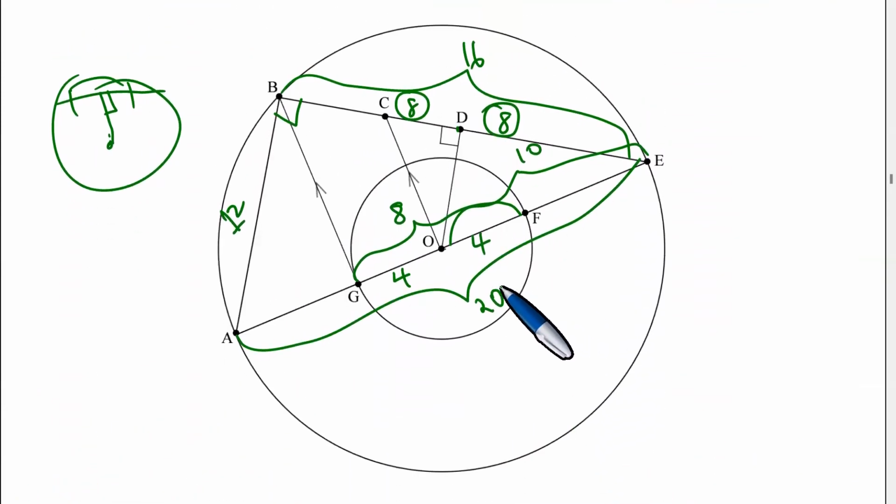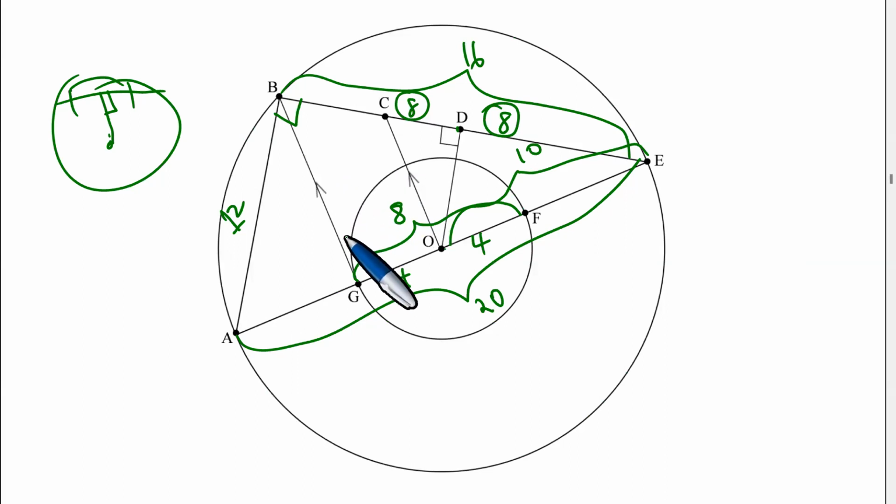we have therefore that this is true because of the proportionality theorem and the fact that this line here, CO, is parallel to the line BG.